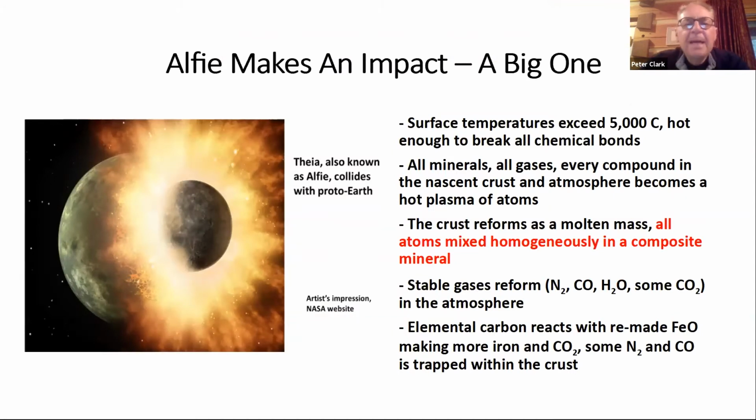Okay, so at the impact of Theia, or Alfie, if you wish, the temperatures exceed 5,000 degrees Celsius. This means that every mineral that had already formed, and this happened probably about 30 million years after formation of proto-Earth, the surface temperatures are such that all of these minerals are dissociated into atoms and flung into space and held within the gravitational field of Earth.